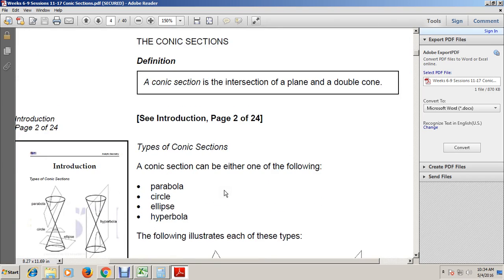Now, a conic section is defined as the intersection of a plane and a double cone, or a portion of the double cone.